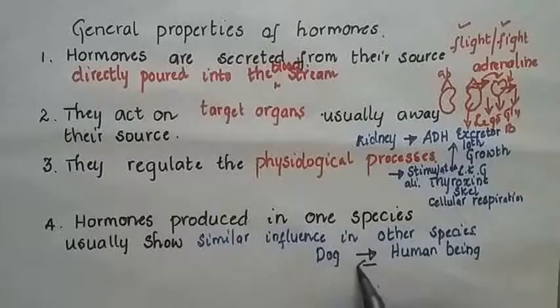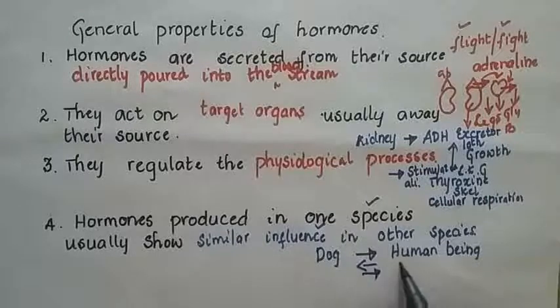Or vice versa, the same effect is seen in the dog. That is the reason I said hormones produced in one species have a similar influence in other species. Though they belong to two different species, when it comes to their function, hormones have the same function irrespective of the species. Or even if the hormone of a dog is given to a calf, it has the same influence. Right, children?